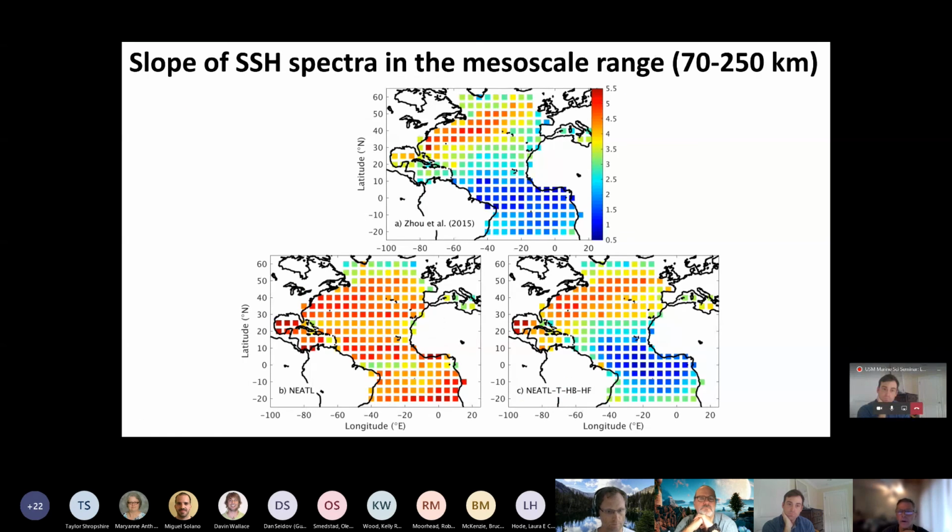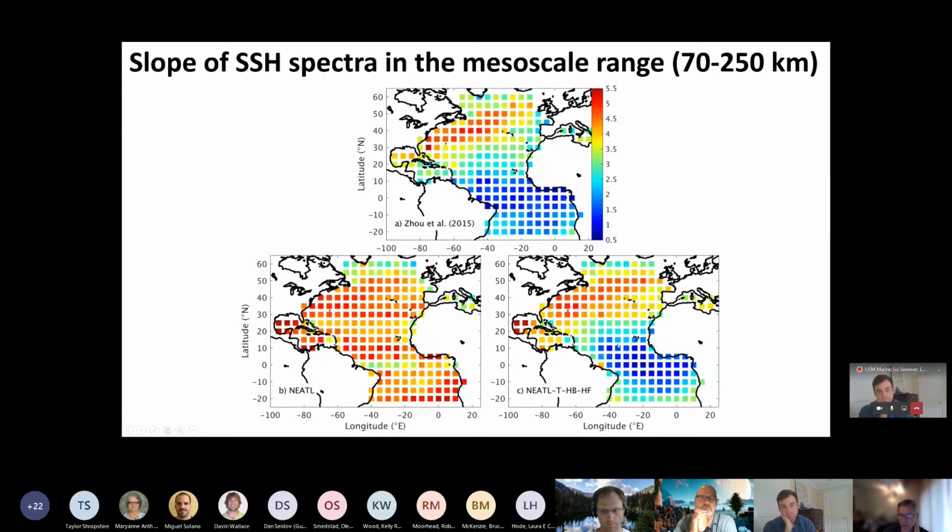Here is the summary of this. So this is the slope. In blue, it's on the order of 1 to 2 around the equator, about 5. On the left here is without tides, where you see very little change north and south.